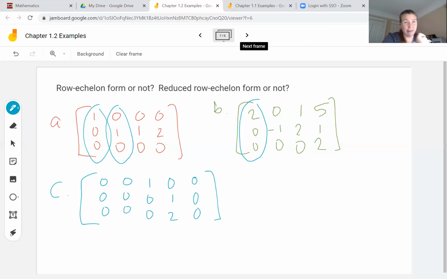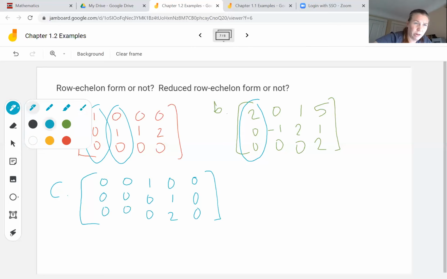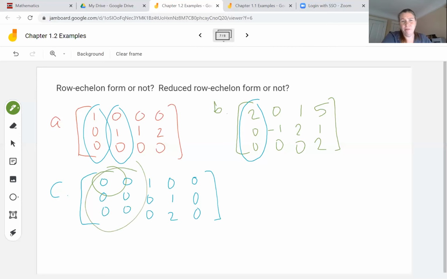So we would say that this is not even in row echelon form. And then let's look at matrix C. This first row here is problematic because the leading term is a 0, not a 1. So these 2 columns right here that are zeros are problematic. This is not in row echelon form.